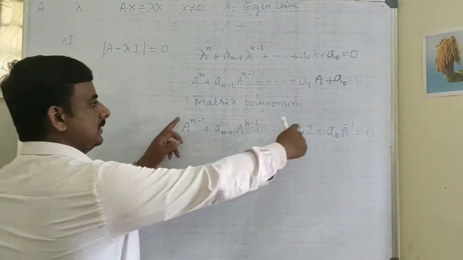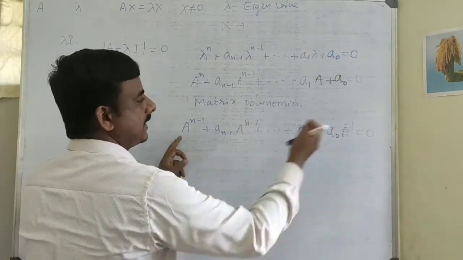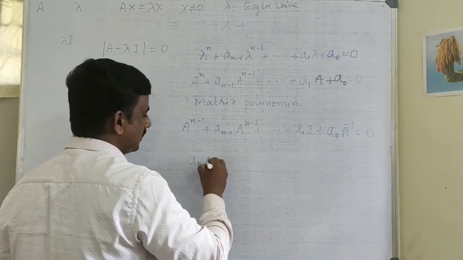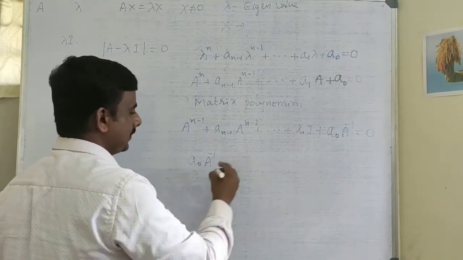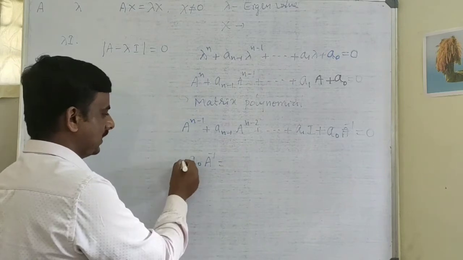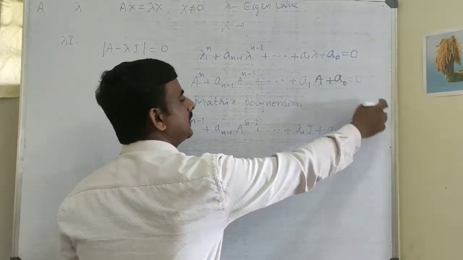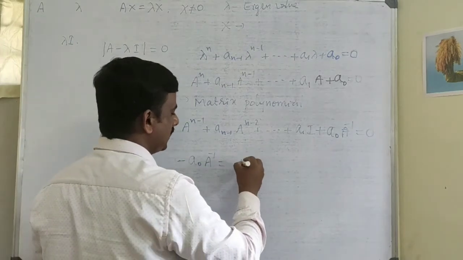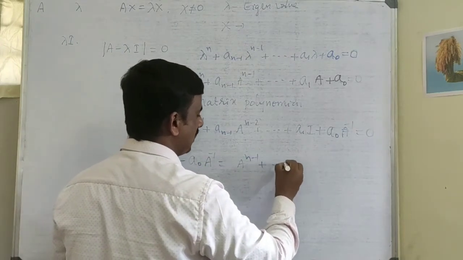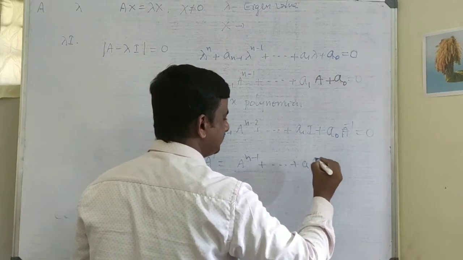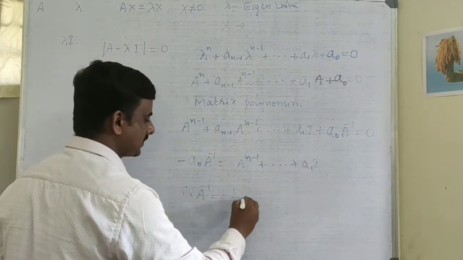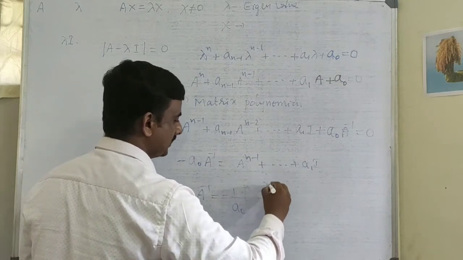Now taking this term to that side, I will get a naught A inverse equal to minus a naught A inverse equal to. Do one thing, take this single term to the right hand side. Minus a naught A inverse equal to A power n minus 1 plus and so on a1 I. Therefore A inverse equal to minus 1 by a naught times this one.